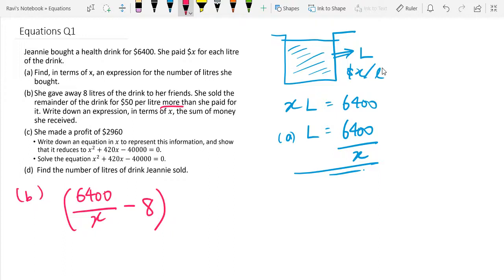So the original per liter price is X dollars per liter, and she sold it for X plus 50, $50 more than the original amount that she bought. So this is the initial expression. Of course, we can't just leave it like that. We need to do some simplification here. So let's do that now.